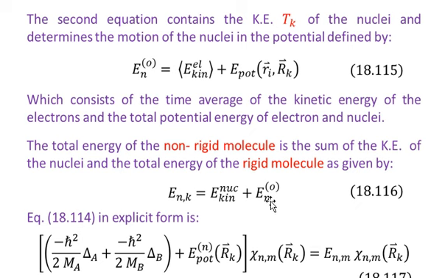And En of 0 is the total electronic energy of the state, and this is what I have defined as En of 0 in equation number 115. And equation number 116 gives you the energy of the non-rigid molecule. En of k is the energy of the non-rigid molecule, which is the sum of the kinetic energy of the nuclei plus the total energy of the electronic states under the rigid molecule condition.